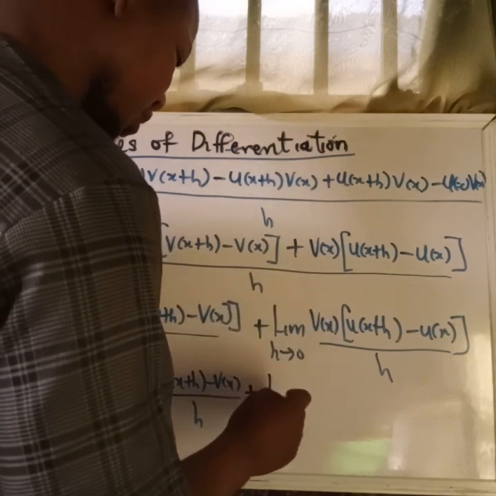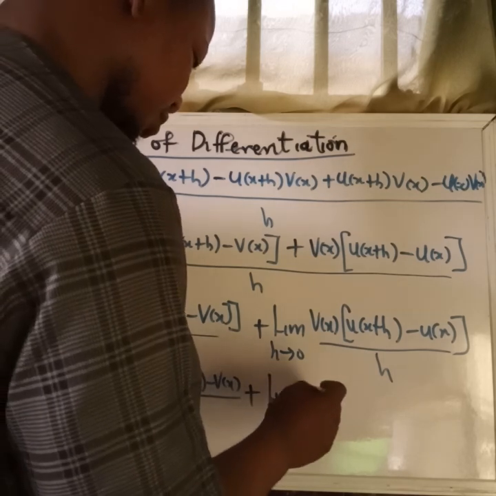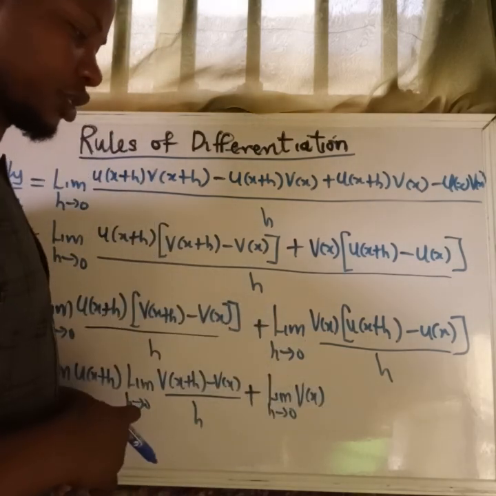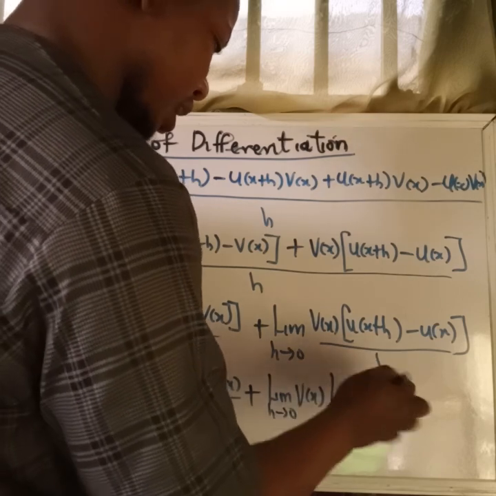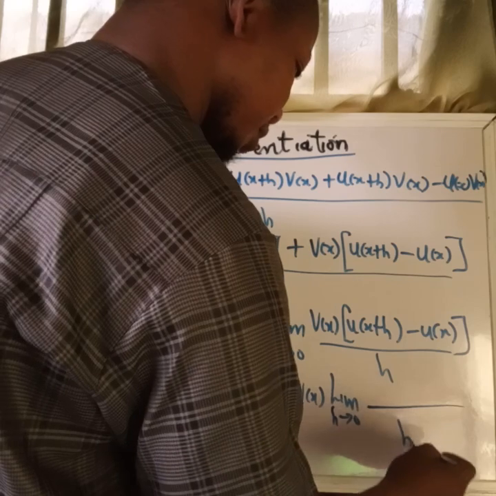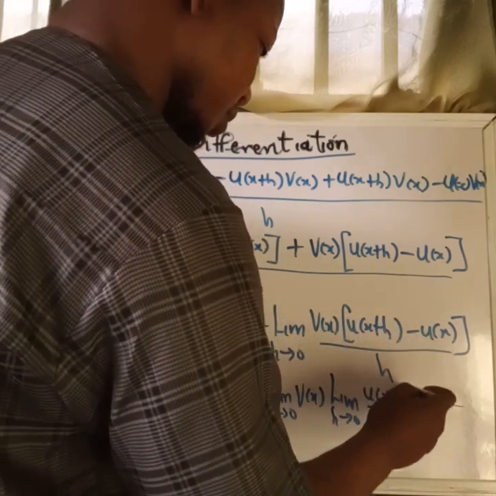In our last step, we just bring that as a constant because it is independent of h. So the limit will also affect this. Again, we are using this h under here because it will be meaningful to put h here.